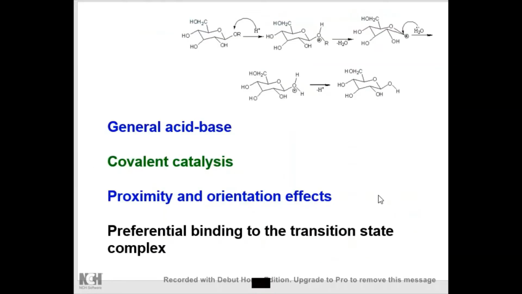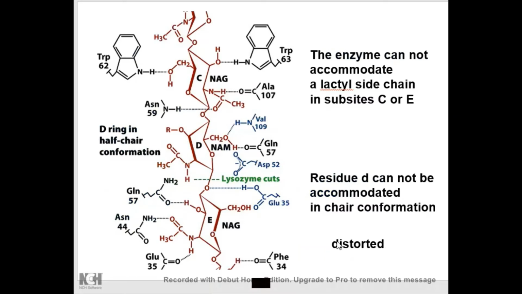When we talk about the catalytic mechanism of lysozyme, we will cover again general acid-base catalysis, covalent catalysis, proximity and orientation effect, and preferential binding to the transition state complex. On this slide you can see another representation of the catalytic site in lysozyme. Now you can see the substrate in all its chemical detail.